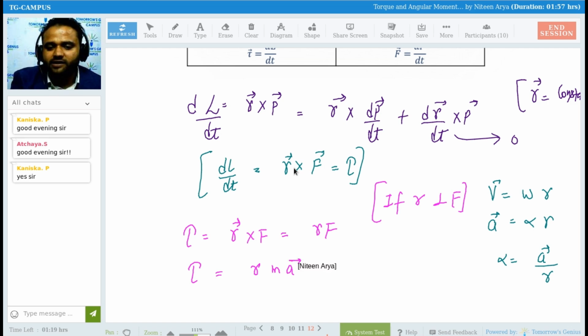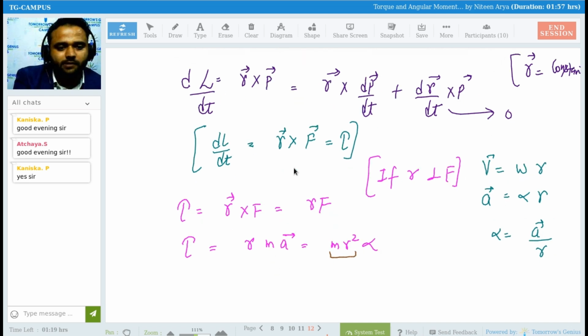Now I put linear acceleration in the form of alpha. So I can write m r square alpha. Is this clear? So this m r square takes the place of moment of inertia, like a mass in this scenario.